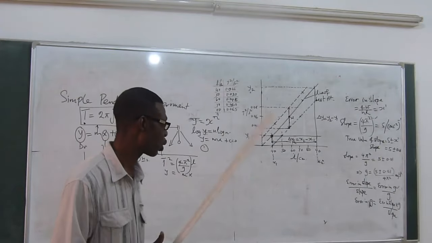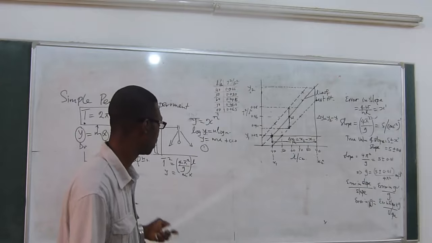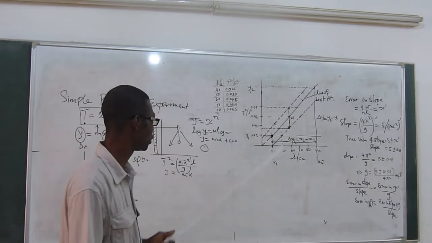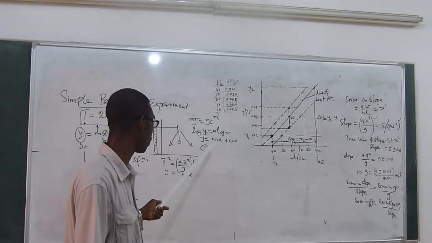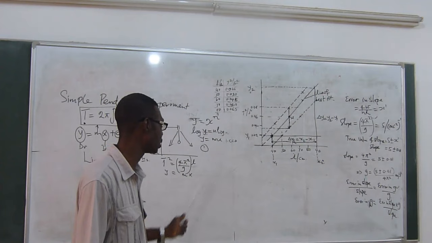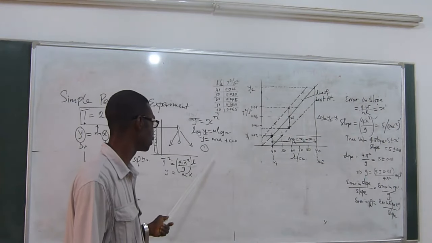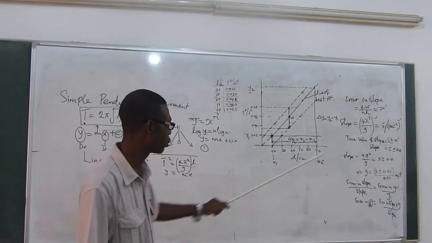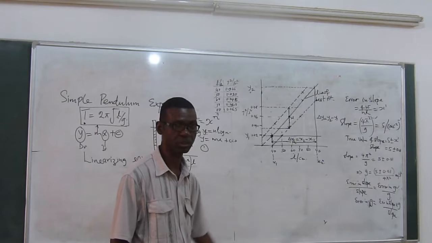Actually, the deduction or inference we want to make from this type of experiment is deductions made from the slope and the intercept. In this case, we don't have any intercept, but we have the slope. From the slope, we are able to obtain our g.